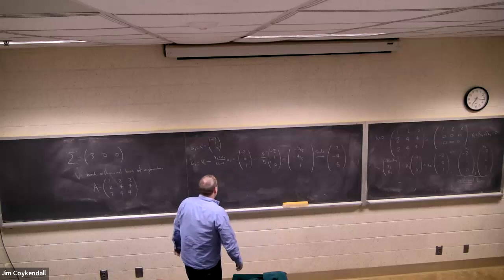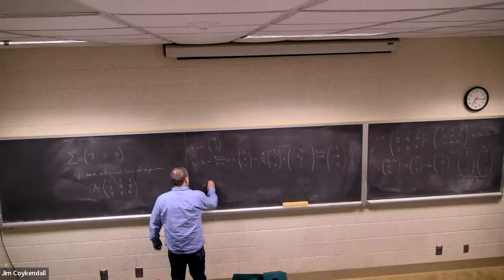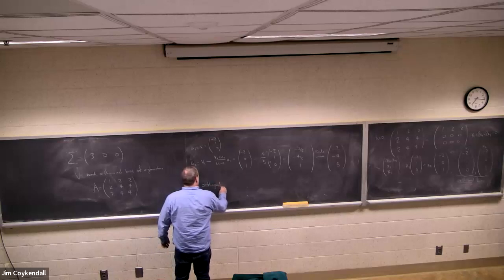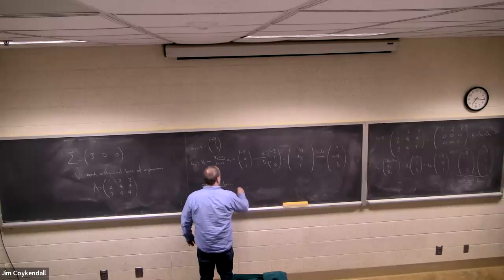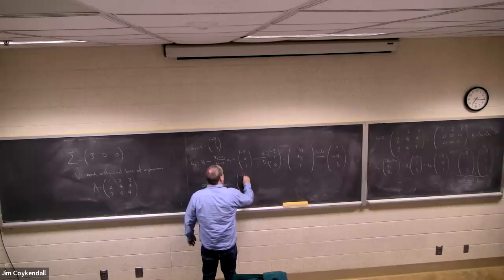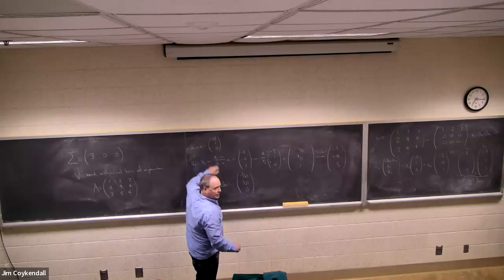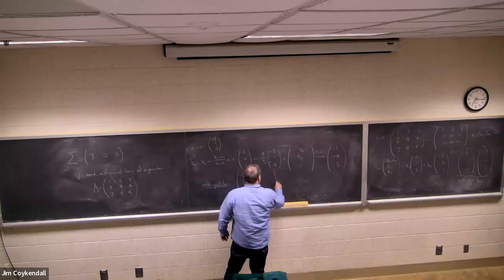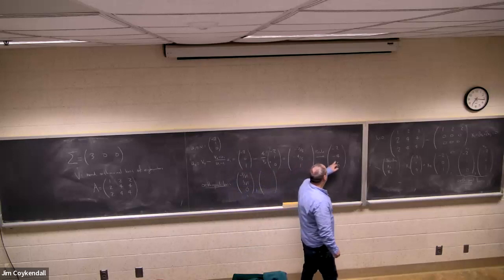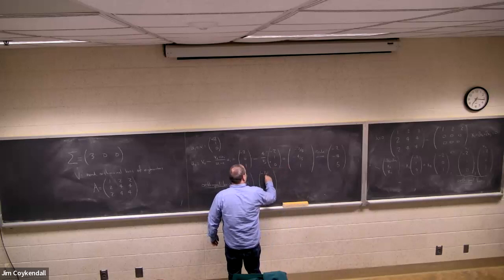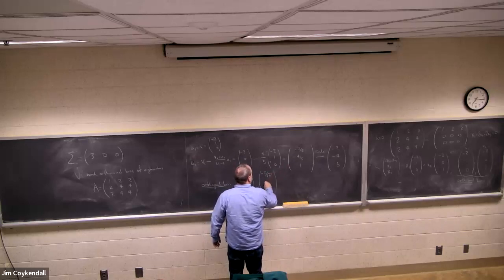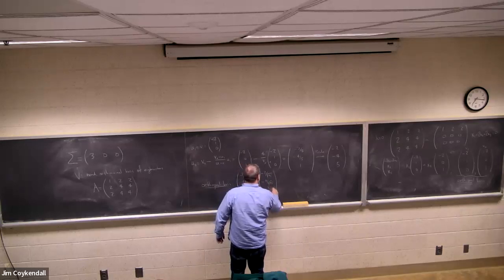So here's what I need. Let me go ahead and fix these. Minus 2 over radical 5, 1 over radical 5, 0. This one, I guess that's 45, right? Minus 2 over radical 45. Minus 4 over radical 45. 5 over radical 45.